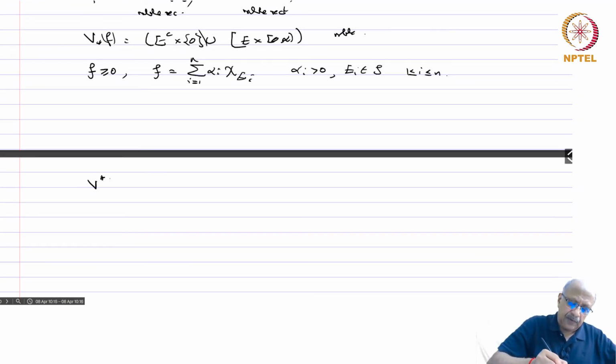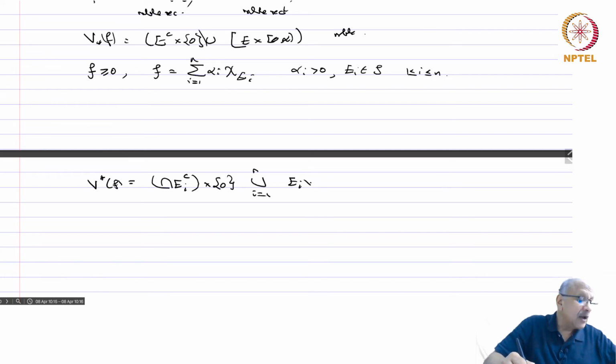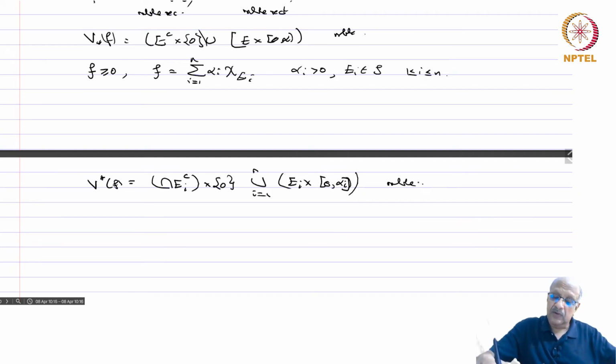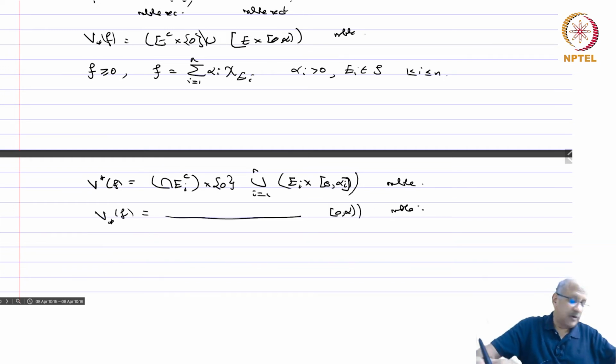Then V^* f equals the intersection of E_i complement cross 0, this is where everything is 0, union i equals 1 to n of E_i cross [0, alpha_i], and then this is measurable again because it's a union of measurable rectangles. And then V_* f is the same thing except you have [0, alpha_i) here. Okay, so this is also measurable.